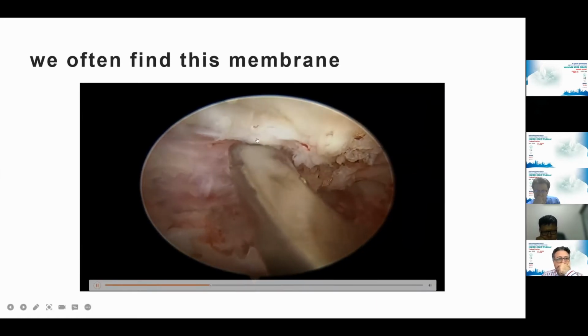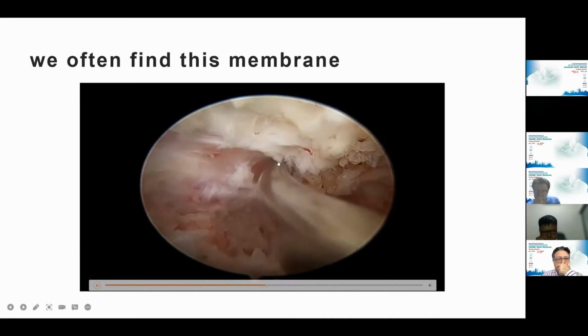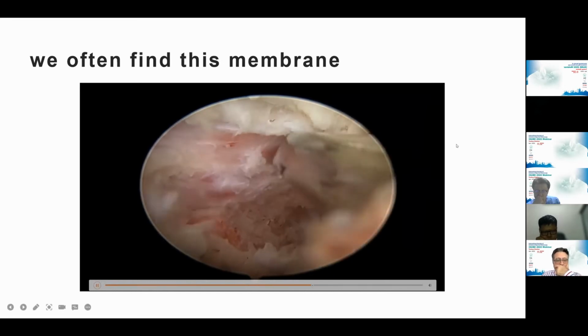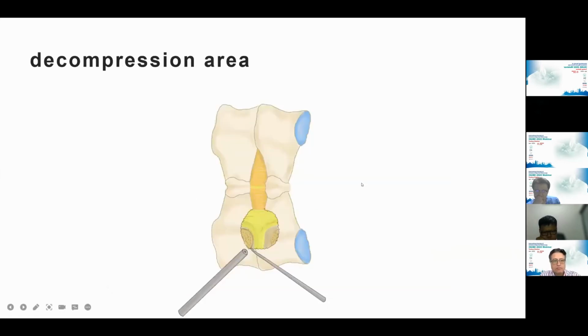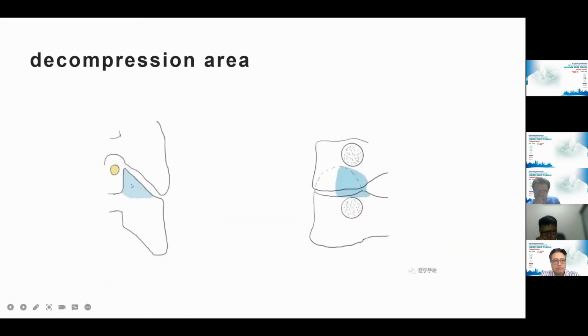This is the lateral margin of the flavum ligament. This is the membrane on the nerve root. The decompression area: in the lateral X-ray, we must remove the tip of the facet joint, and this is the AP X-ray.